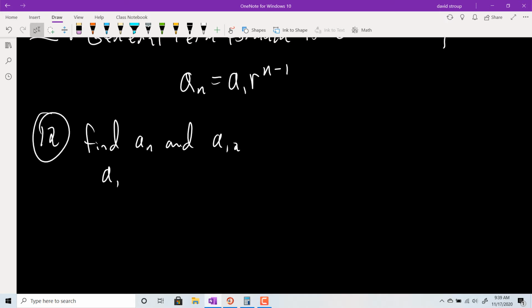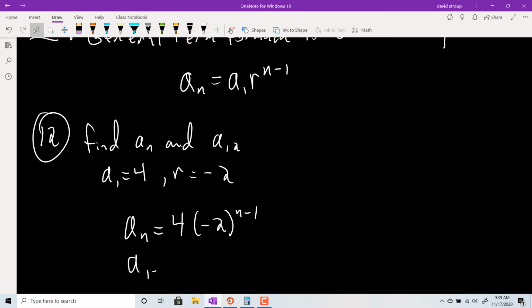They're given a sub 1 is 4 and r is negative 2. Okay. So a sub n, of course, will be 4 times negative 2 to the n minus 1. And then, of course, a sub 12, you just plug in 12 for n. 4 times negative 2 to the 12 minus 1 is 11. And if you put that in your calculator, you'll get negative 8192.